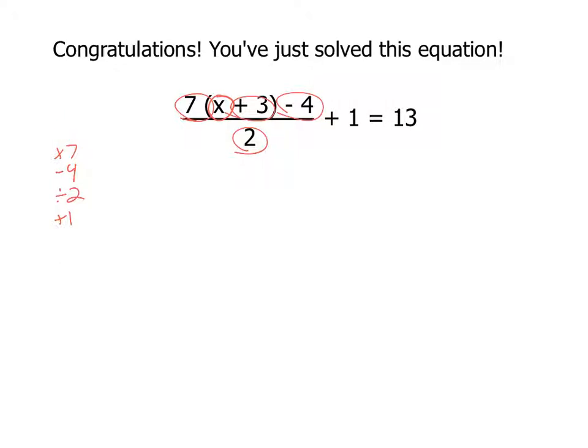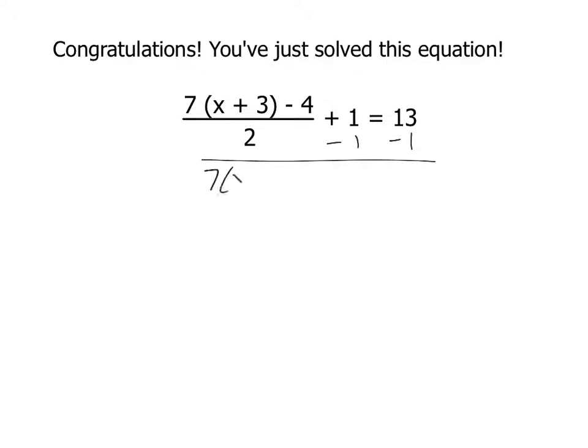Well, let's do this then. Let's get rid of all this stuff. Let's undo the order of operations. Are you ready? Let's check it out. Here we go. If we're going to undo this order of operations, the last thing I'm doing is adding 1. So let's subtract 1 from both sides. So I get the big old fraction equals 12.